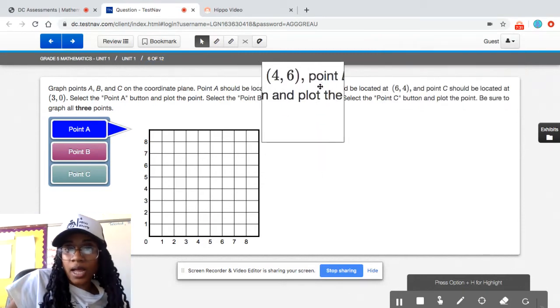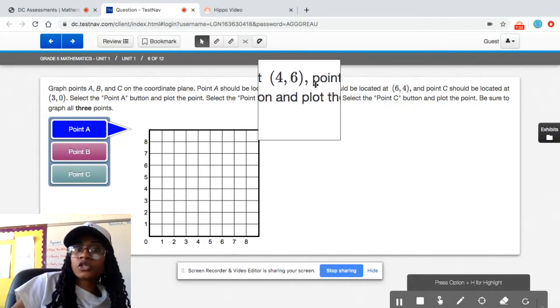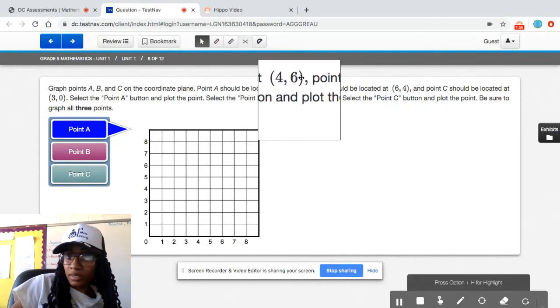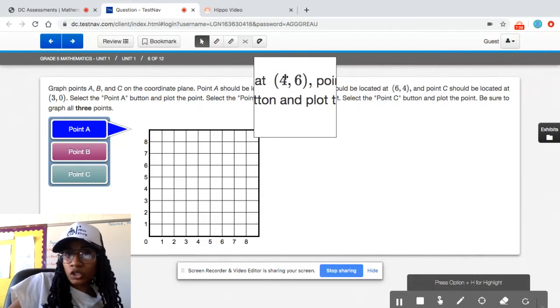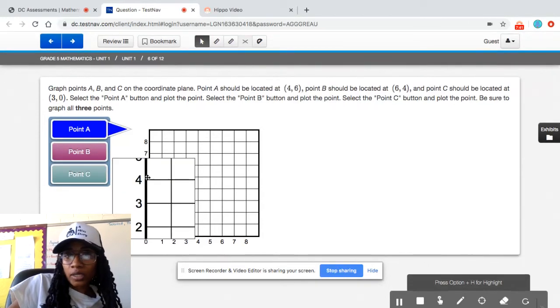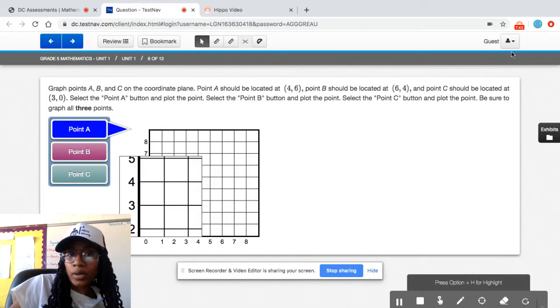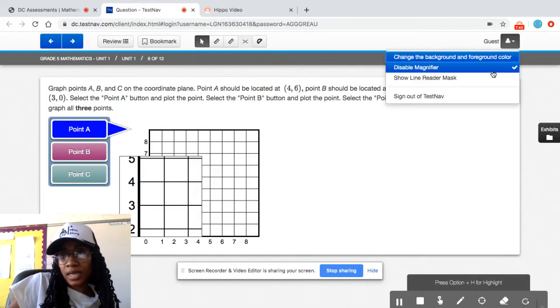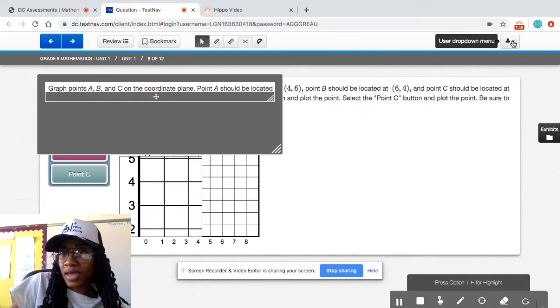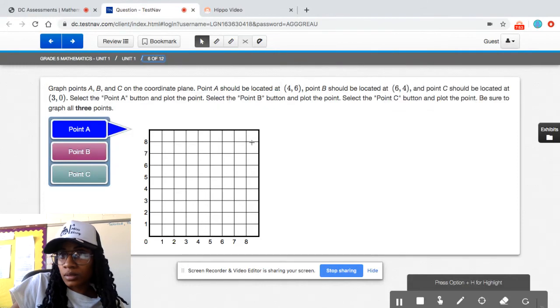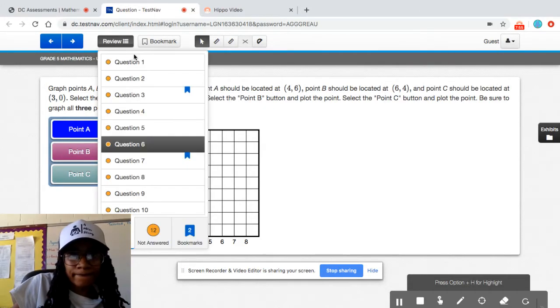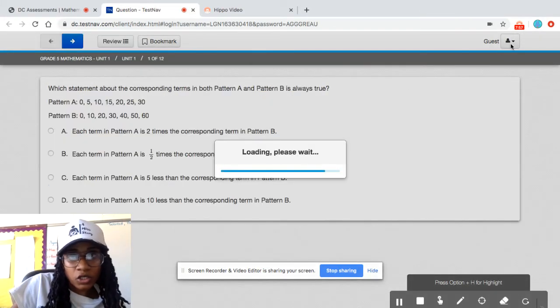I think the magnifier is more beneficial in the math arena as opposed to ELA, because with ELA you have longer text, as opposed to math, where I can just zoom in on a number or on a plot. And if you want to make it go away, you would disable the magnifier. We'll go back to question 1.